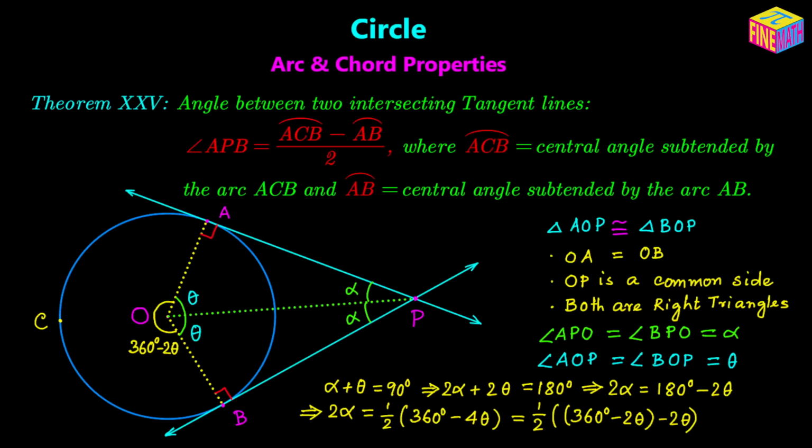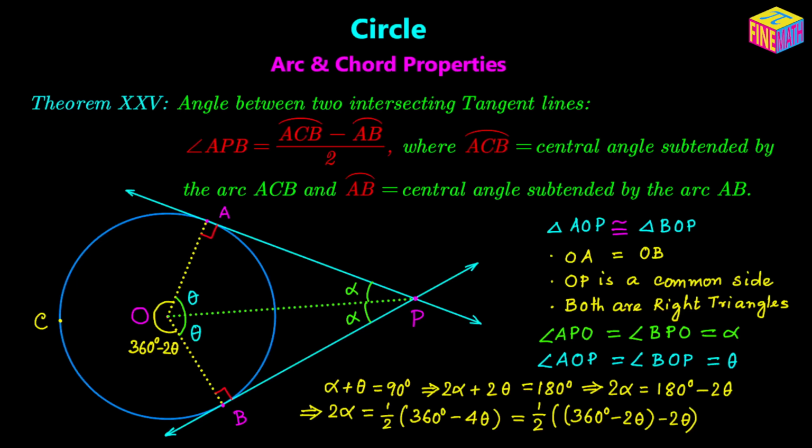Now from here we can write it as half times 360 degrees minus 2 times theta, and minus 2 times theta. And if you think about it, 360 degrees minus 2 times theta is the central angle subtended by the arc ACB. And the other 2 times theta, we can think of as the central angle subtended by the arc AB.